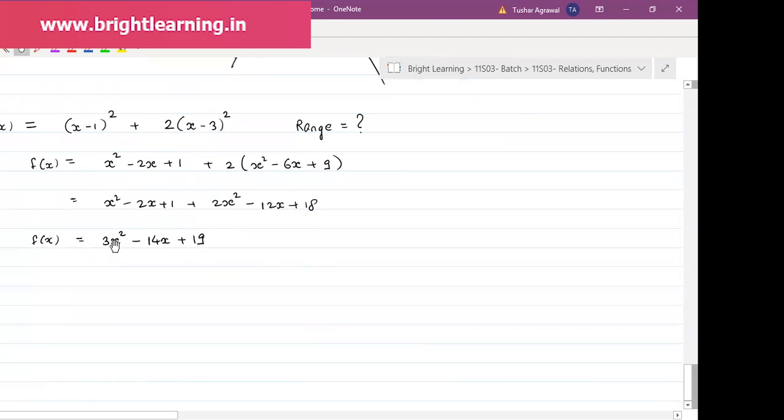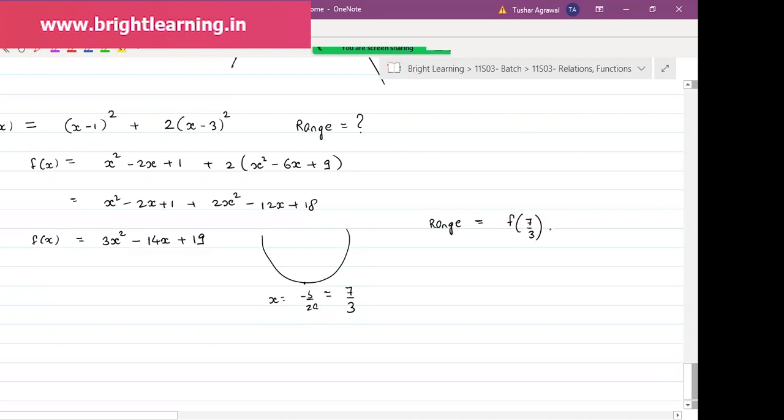A, B, C: A is greater than 0, so it's an upward facing U. Minus B upon 2A turns out to be equal to 7 upon 3. X equal to 7 upon 3. So the range is f of 7 by 3. f of 7 upon 3 will be the minimum value, correct?